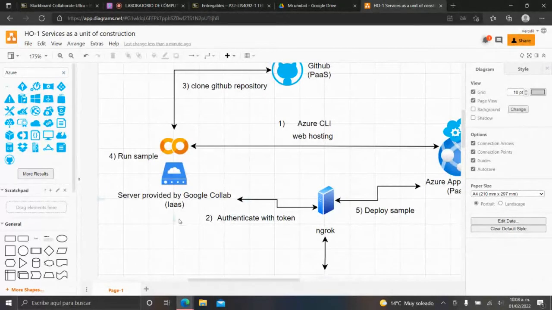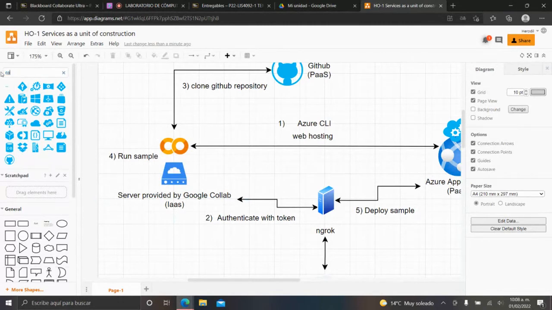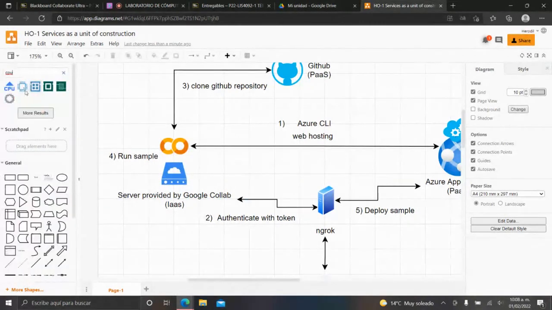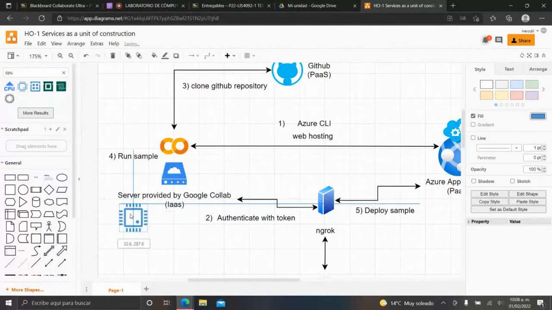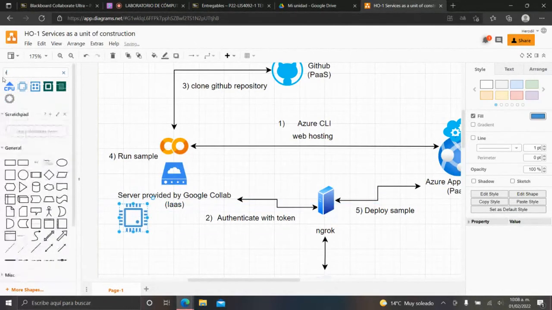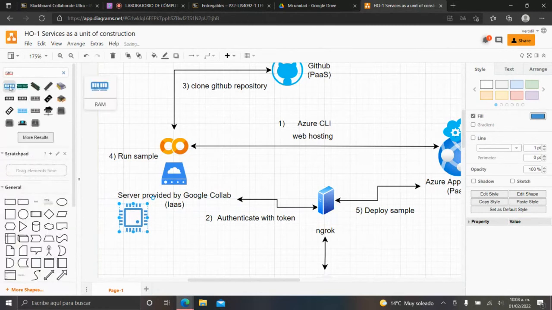So if you want to be very precise, you can exhibit the CPU and RAM, and both of them are infrastructure as a service, and then they are packed into the server. Something like this.